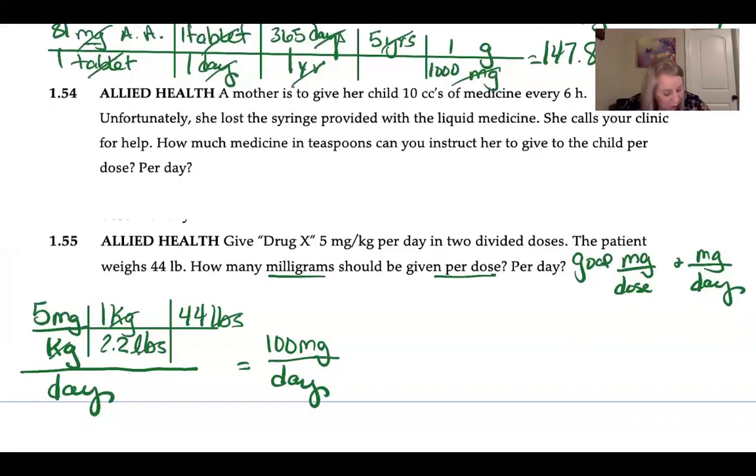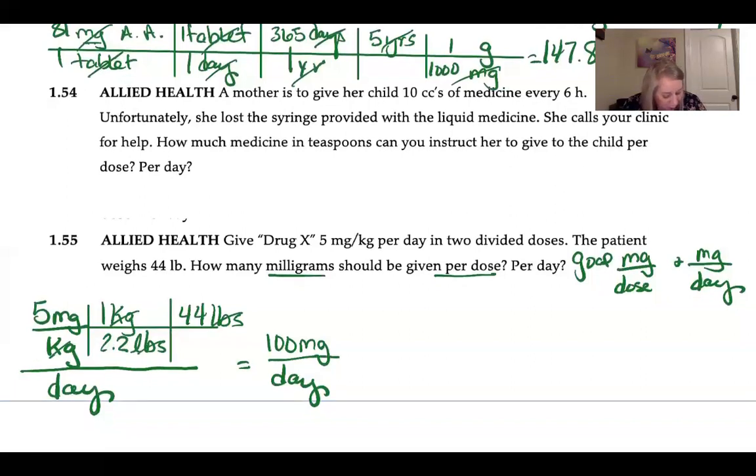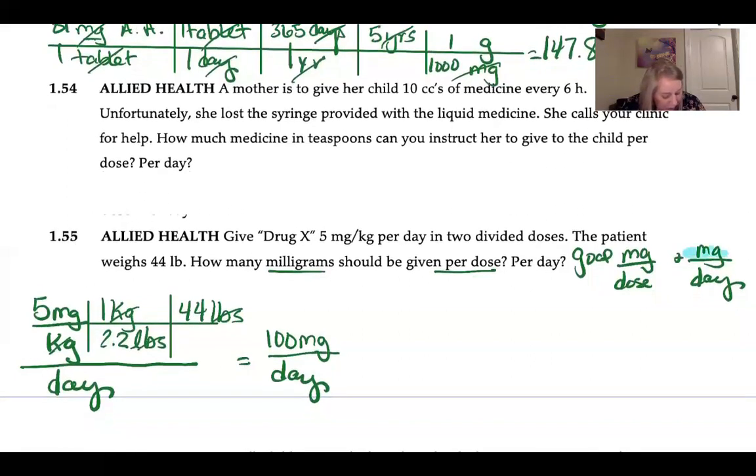So that's my first goal. Let's see if I can highlight that. Here's my milligrams per day and my milligrams per day. So that answers half of the question. So I'm not done. I've got to keep going. Now I want to know how many should be given per dose. I want to know milligrams per dose. So my milligrams is okay, but I want to get rid of my days now.